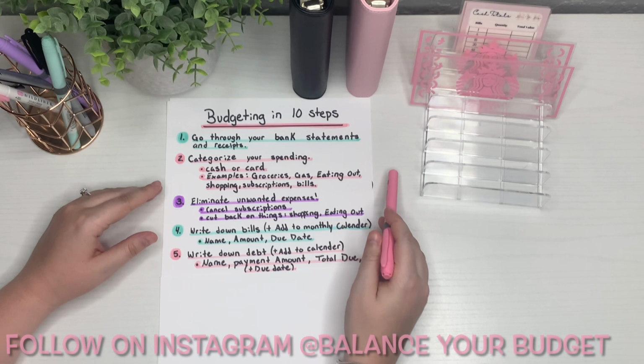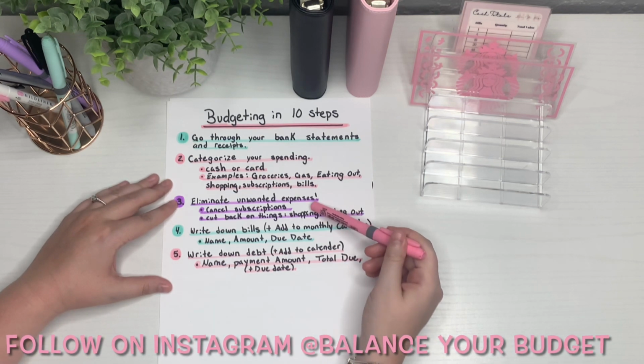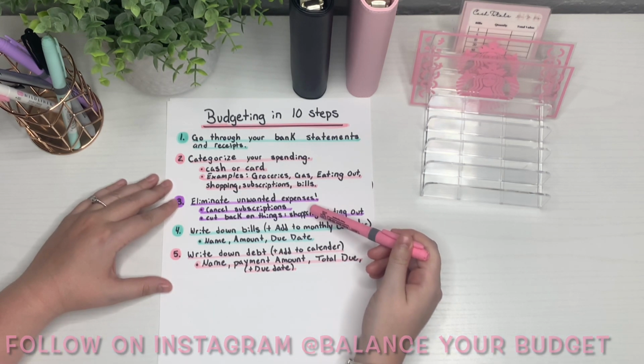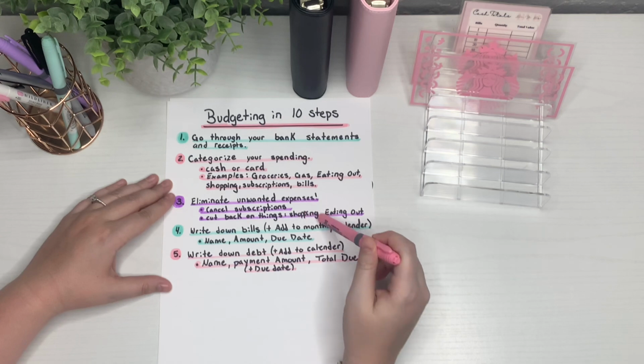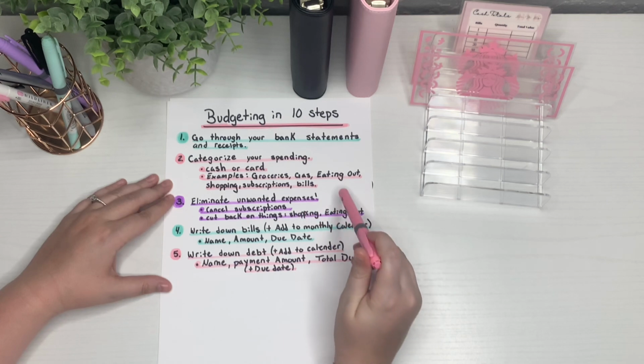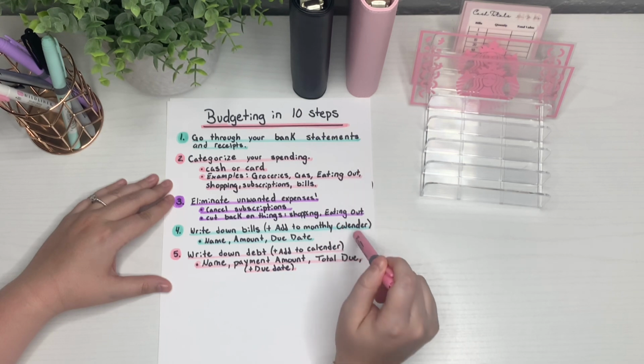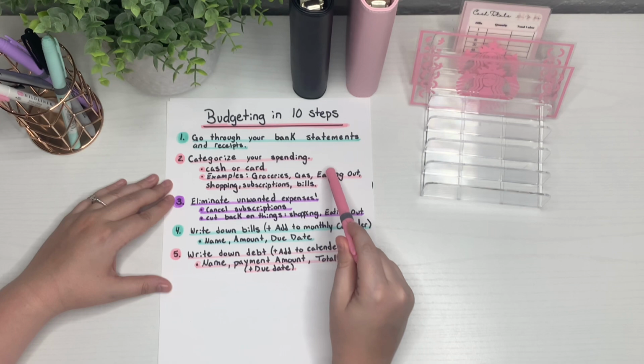The Avalanche method is where you're gonna take your highest interest and pay that off first, because in the long run, you're saving more money by paying off the highest interest one, regardless of the payment size, regardless of the total amount, the highest interest, because you're being charged more from that.